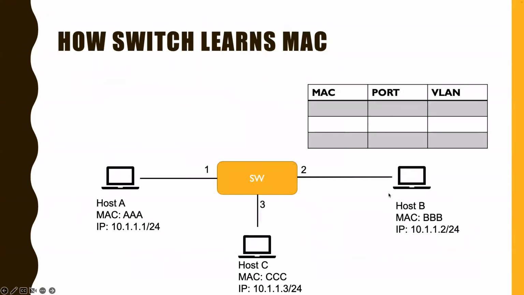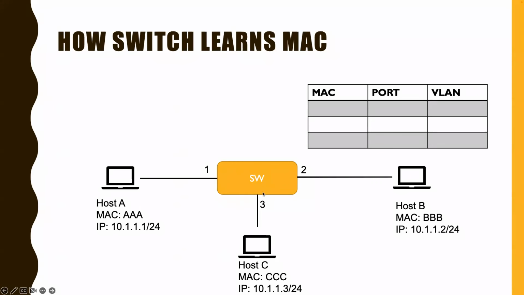Okay, let's now see. For example, this is our topology. From this switch, on 3 ports, we have connected host A, host B, and host C. Their MAC addresses are, let's say, AAA, BBB, and CCC, with their respective IP addresses.